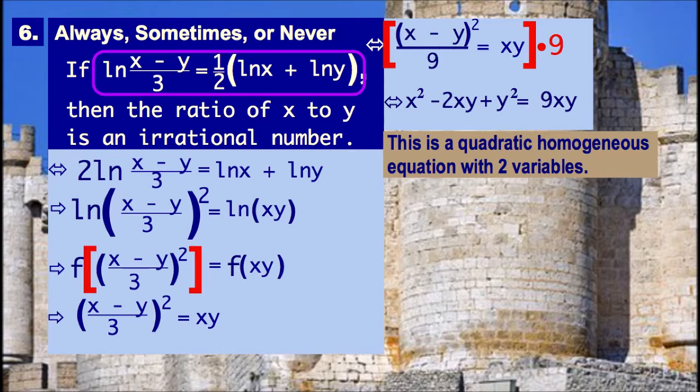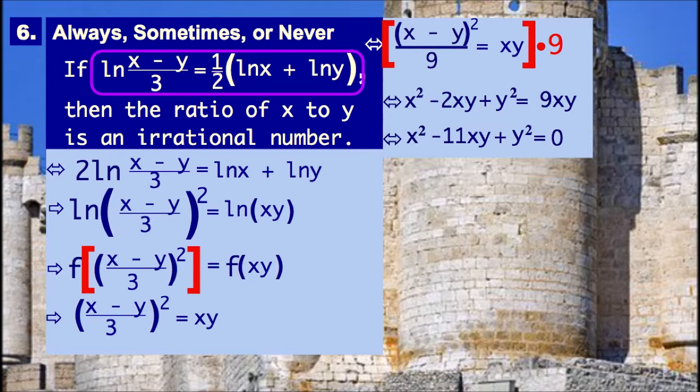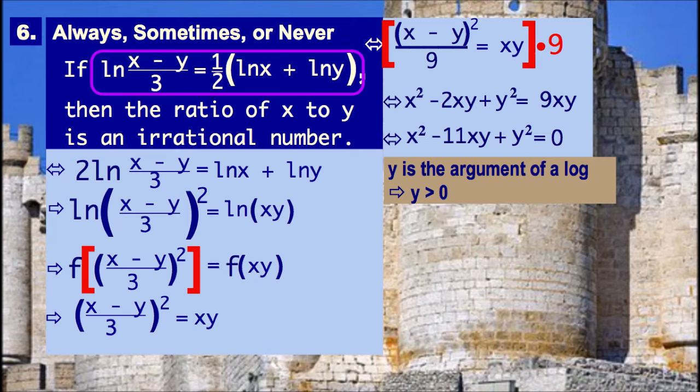This is a quadratic homogeneous equation with two variables. Add negative 9xy on both sides of the equation. Equivalent to x squared minus 11xy plus y squared equals 0. y is the argument of a log, thus y is greater than 0.